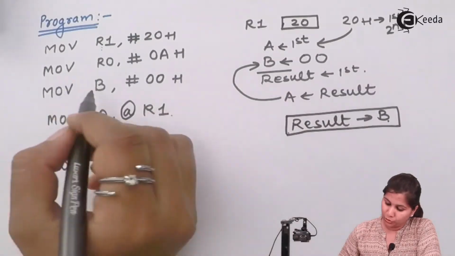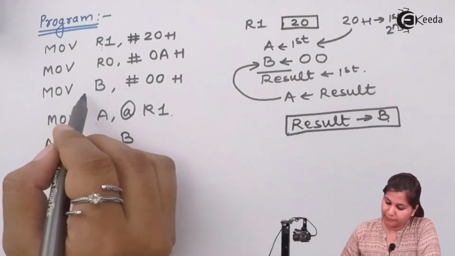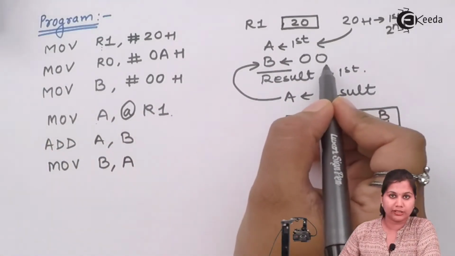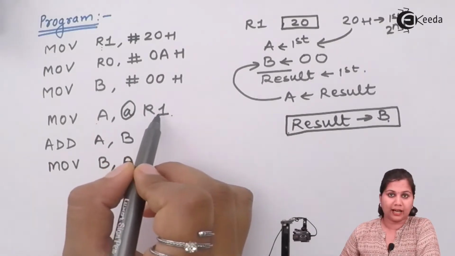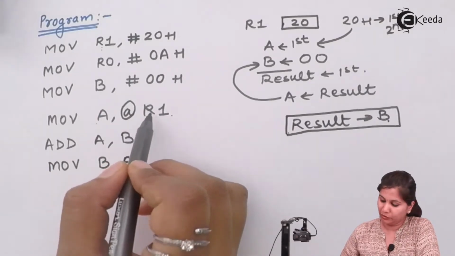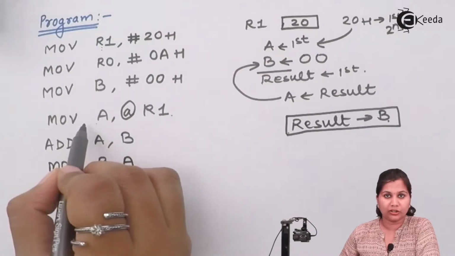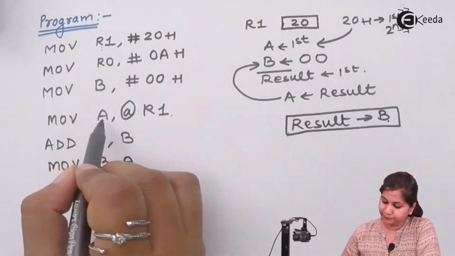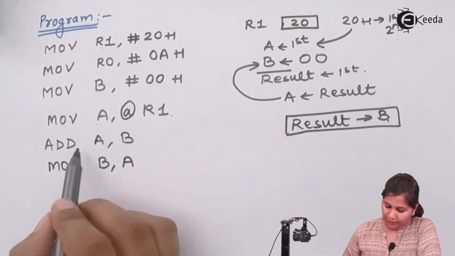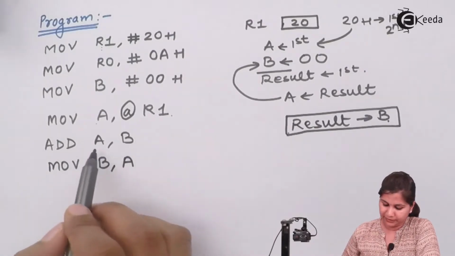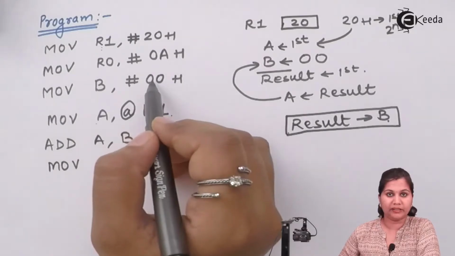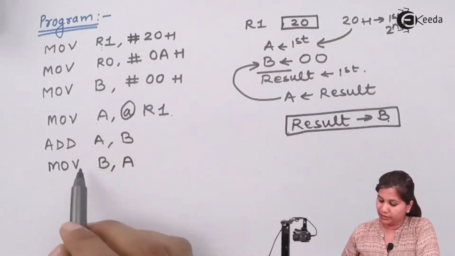So in these steps what we have done: B is initialized as 00. After that, the number at the address in R1, that is the 20H memory location, is moved into the accumulator. Then the accumulator and B are added; in B we have 00.